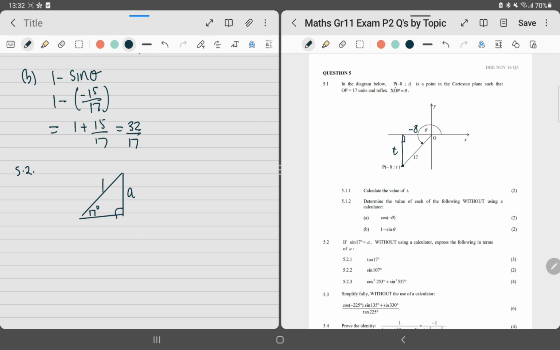And then we can find the x value. x squared plus y squared is equal to r squared. Our x is what we are looking for, our y is a squared, and that's 1 squared. So x should be equal to the square root of 1 minus a squared.